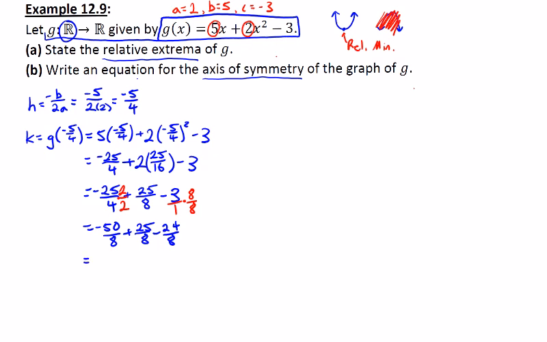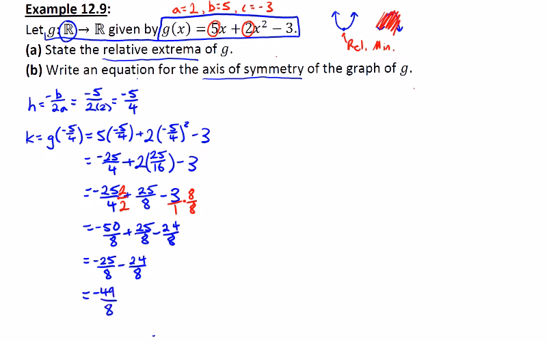And then I just work it from left to right. Numerators, negative 50 plus 25 is negative 25. And then if I take negative 25 and subtract 24, I get a grand total of negative 49/8.